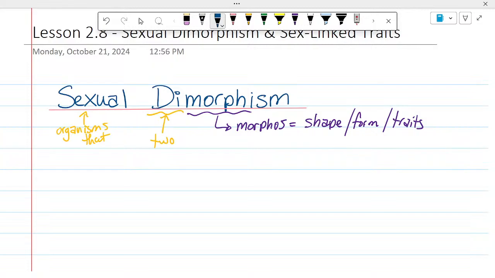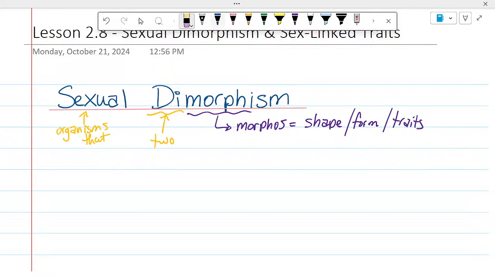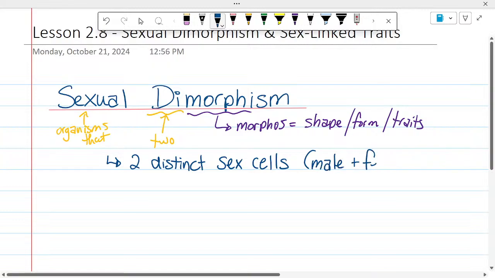But the definition of things that are sexually dimorphic, then, are things that have two sets of sex cells, so two distinct sex cells. Male and female. Now, interestingly, that isn't enough to make something sexually dimorphic. Plants have two distinct sets of cells, male and female, and yet most plants are not sexually dimorphic.